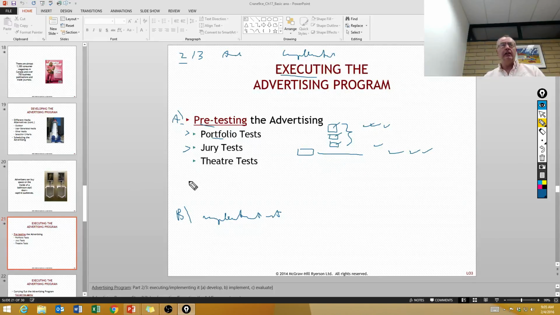And then the third way we can pre-test ads is, I've never participated in this myself, but if you have new movies or new TV shows, sometimes the studios bring in people to view the movies to test their reaction to the movies.